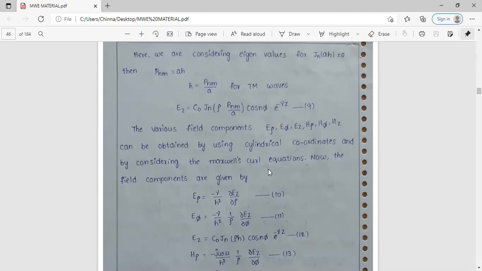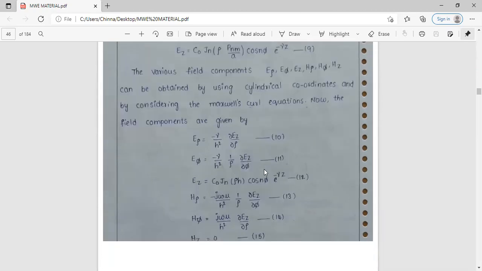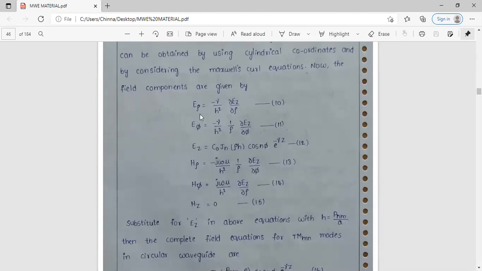By using Maxwell's curl equations we can write this expression. Hz will not be there, because we are using TM waves, so the Hz value is 0. So you can substitute Ez in the above expression.